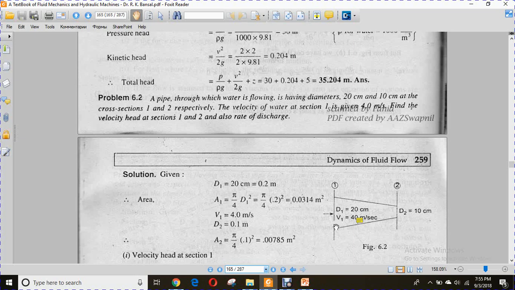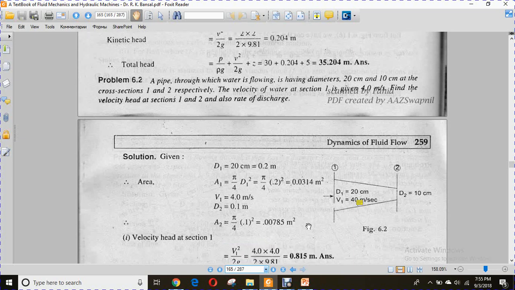Find the velocity head at sections 1 and 2 and also the rate of discharge, Q.